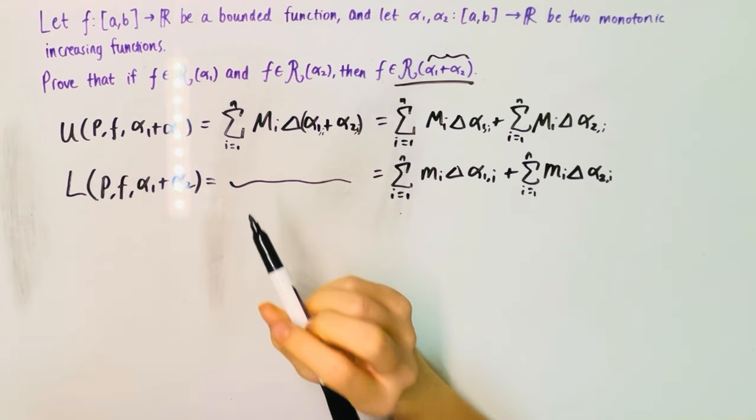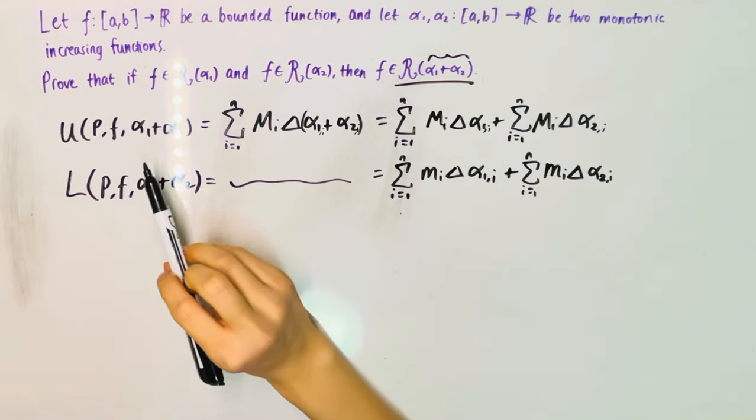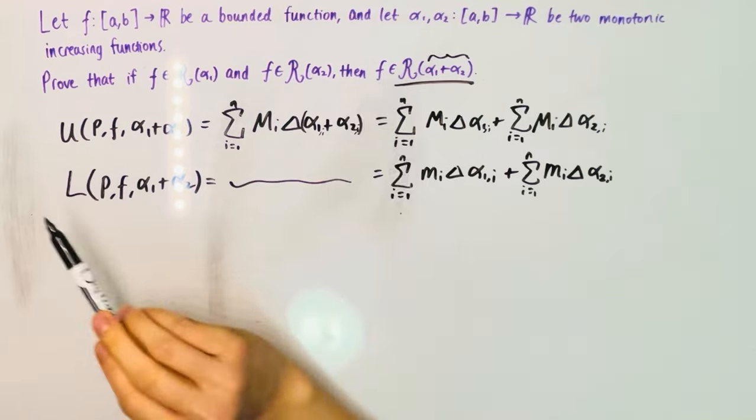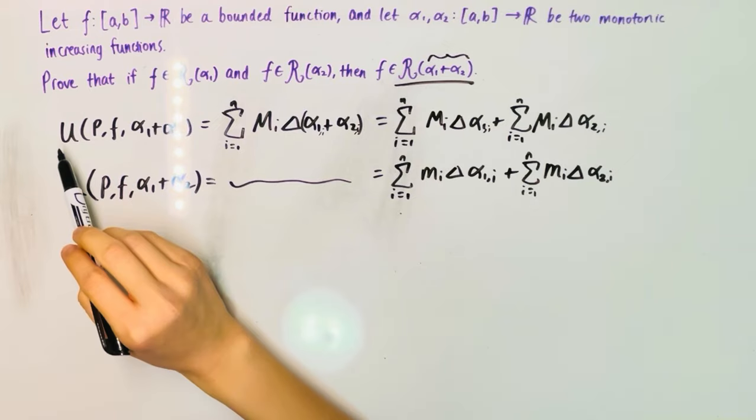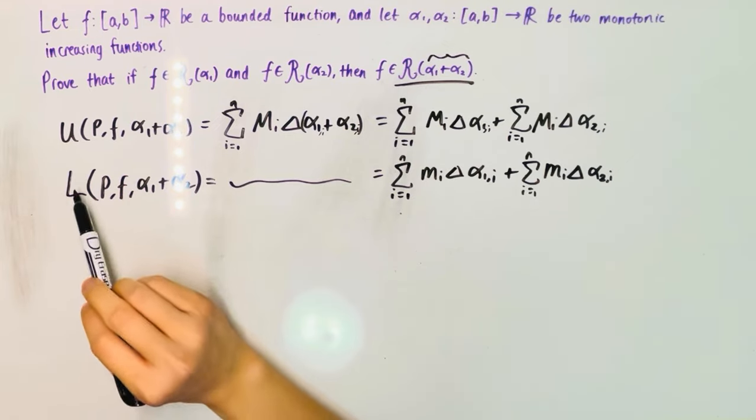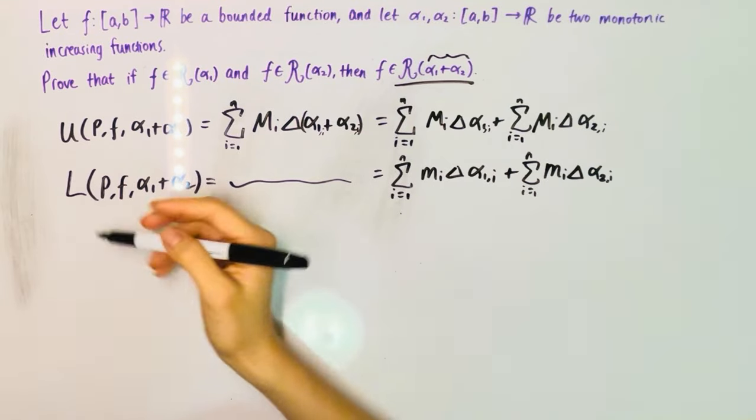Let's just try to see if the criterion is true. That is, does there exist a partition such that the upper sum minus the lower sum is less than epsilon? Well, let's just subtract them.